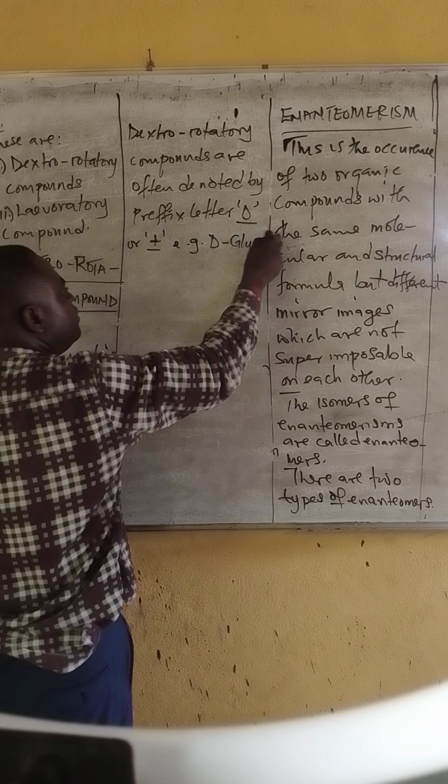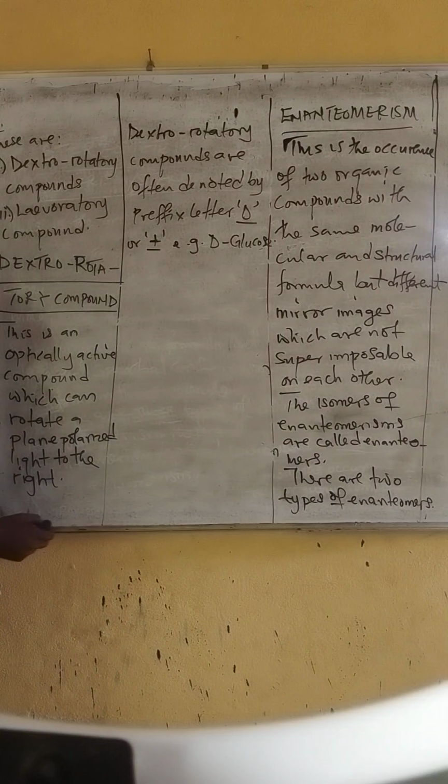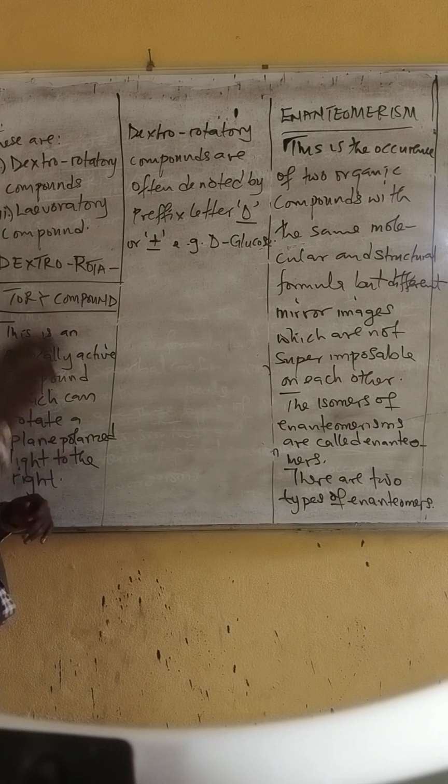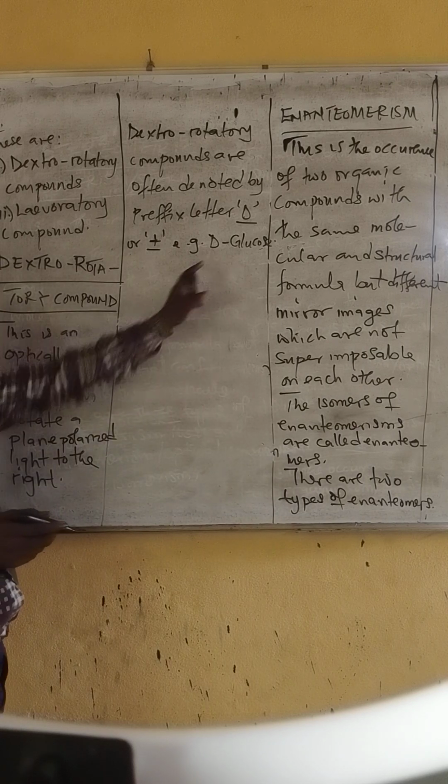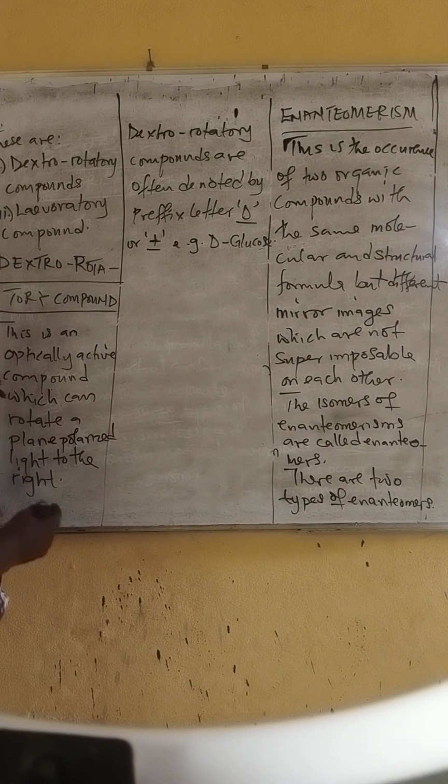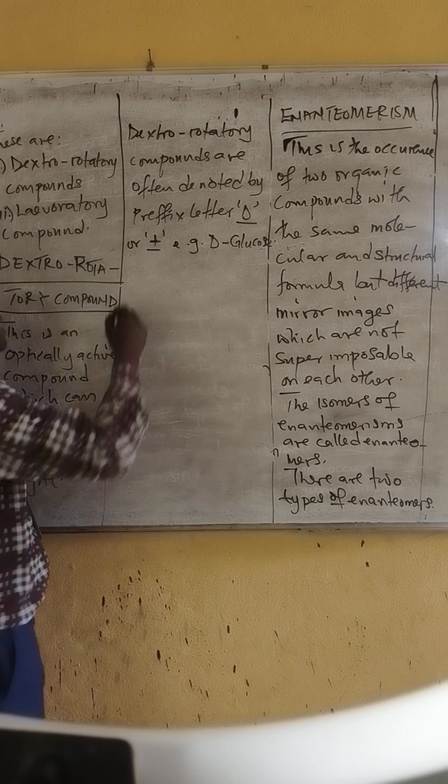I will tell you the meaning of D-glucose and D-galactose. If you write glucose D, that D means that glucose solution can turn a plane polarized light to the right.